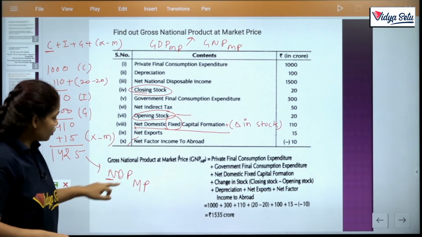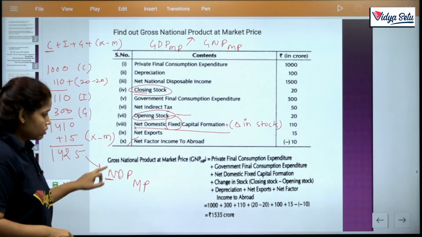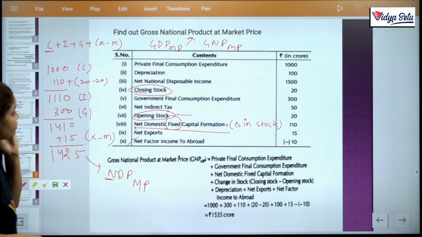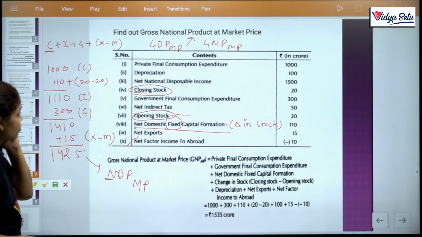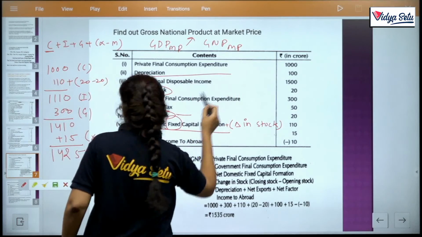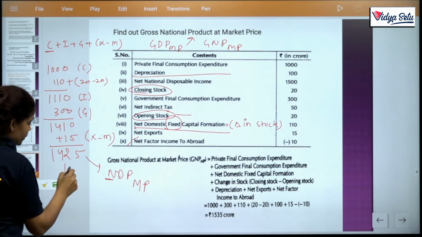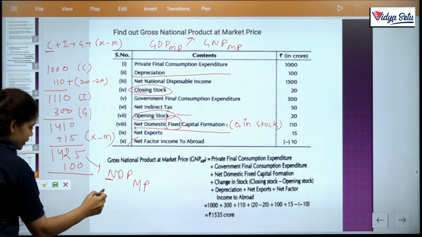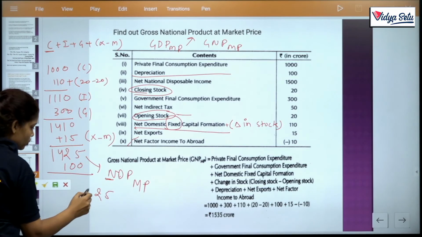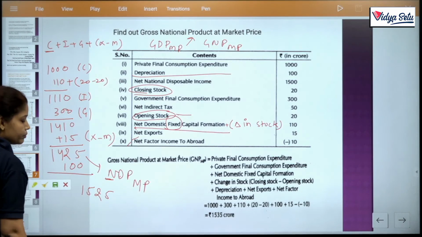If gross domestic capital formation were given, then we would receive gross, but here it is net. So we have to give the adjustment of depreciation also. So we add depreciation, because we need GNP-MP. So we add 100, so here is 5251.